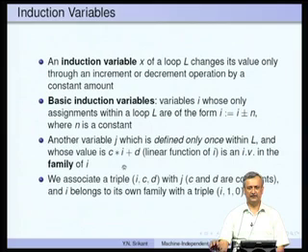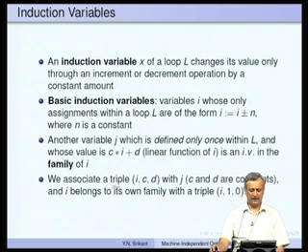If i is i equal to i plus 1, so 1, 2, 3, 4 etcetera are the values of i, and then j is 4 star i, then j takes values 4, 8, 12 etcetera. Again it is an arithmetic progression, but j is defined in terms of i, therefore, this is called a derived induction variable which is in the family of i.